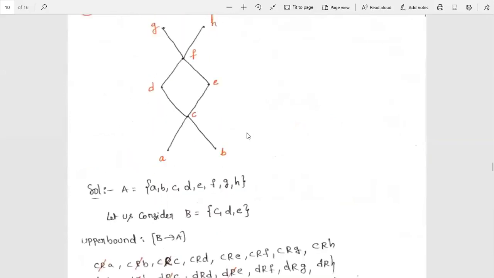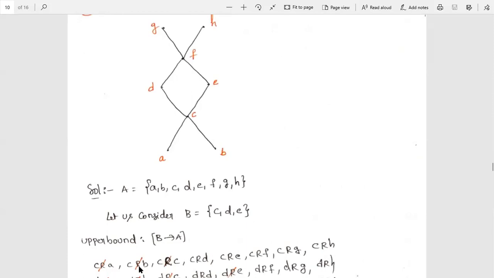In this example, this is the given Hasse diagram. The elements of A are A, B, C, D, E, F, G, H. Let us consider B equal to C, D, E. So we have to consider this subset of A, that set contains the elements C, D, E.